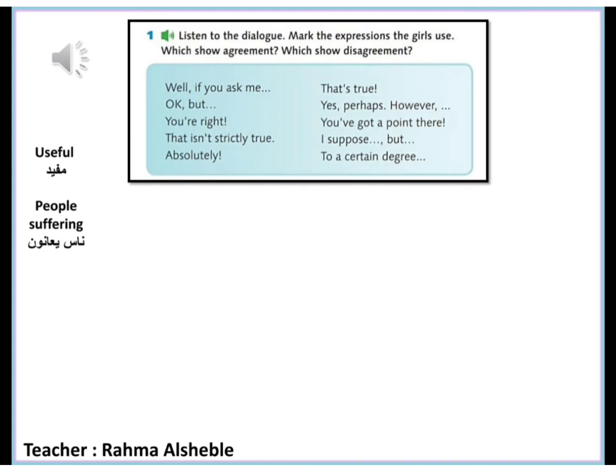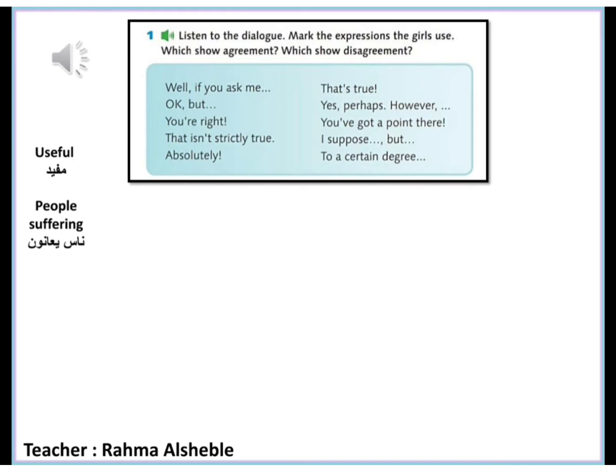And they talked about donation. They mentioned many things they or their friends could donate. And they talked about campaigns they could organize.